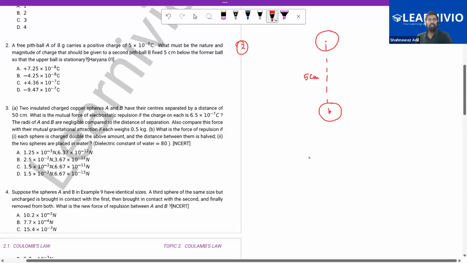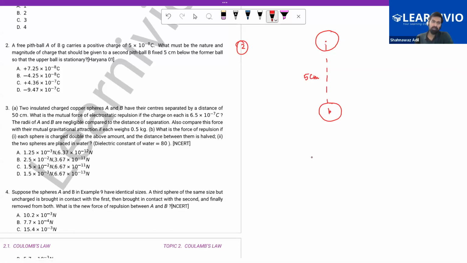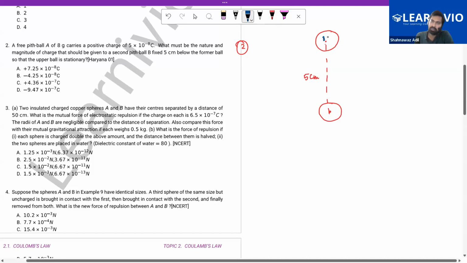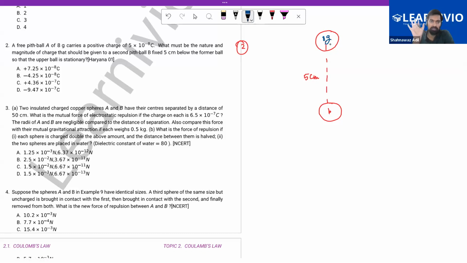Now, a free pith ball A of 8 gram, so this one has 8 gram mass, and we are fixing this. This is in the air, and we want to fix this thing in air. So what must be the nature and magnitude of that charge.